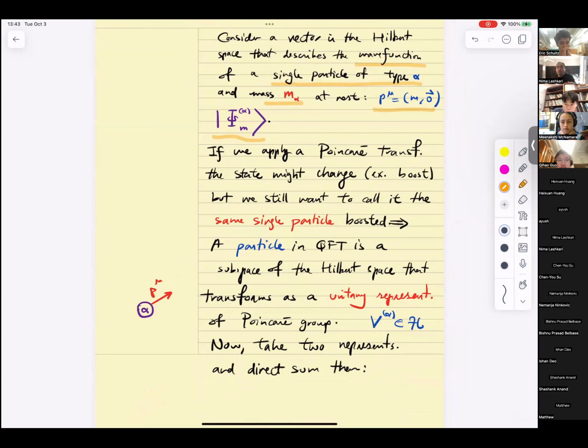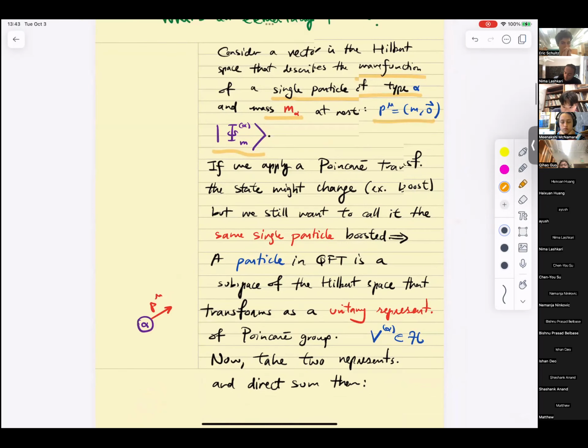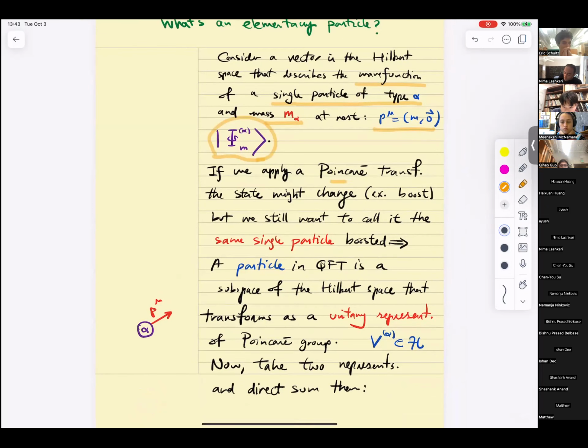Now, I'm going to include all the other states that I would say are describing the same particle. In particular, if you take this state and apply a Poincare transformation, for example, boost it or translate or do anything of that type, it might or might not change the state, but it won't matter. Any Poincare transformation acting on this, you would still want to call that a single particle state, right?